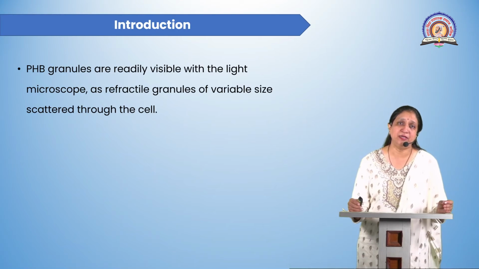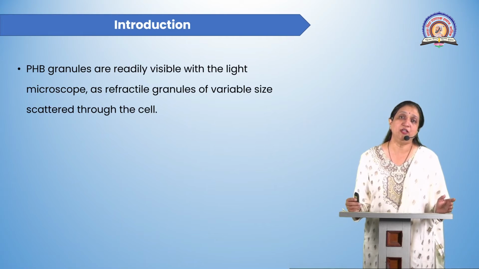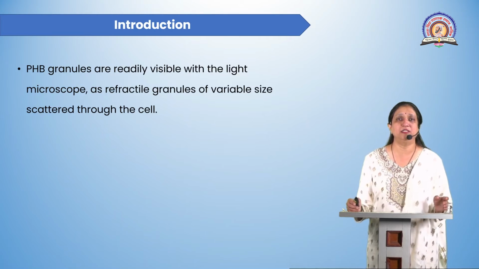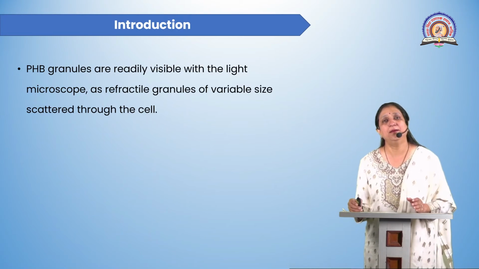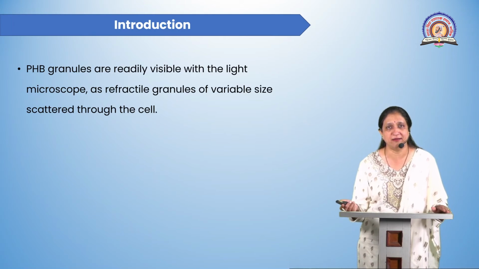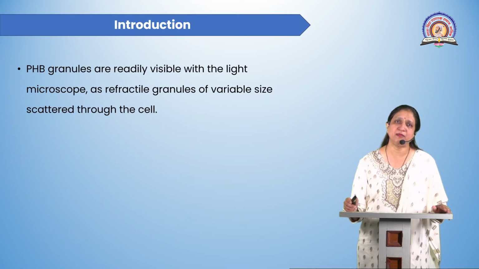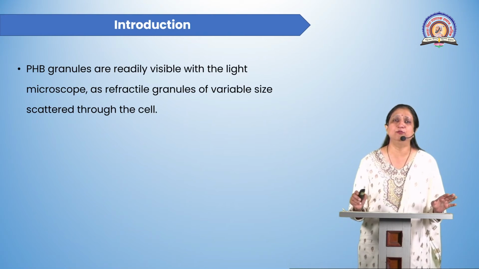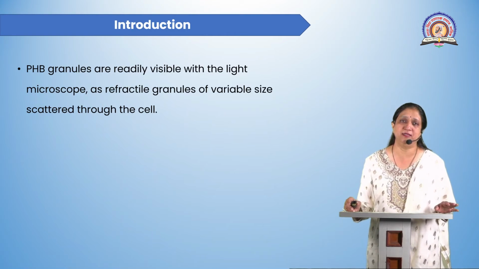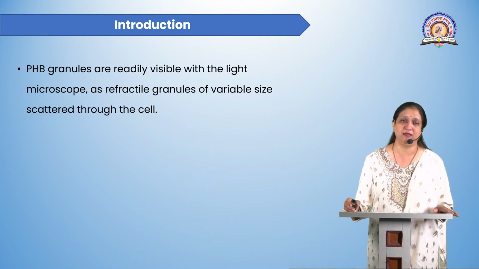So under a light microscope, without staining the bacterial cell, you cannot differentiate between the metachromatic granules and the PHB granules because both these granules are highly refractile. The size is also variable, and they are scattered throughout the cytoplasm of the bacterial cell. And therefore, you need to stain the granules in order to observe what type of granules they are.